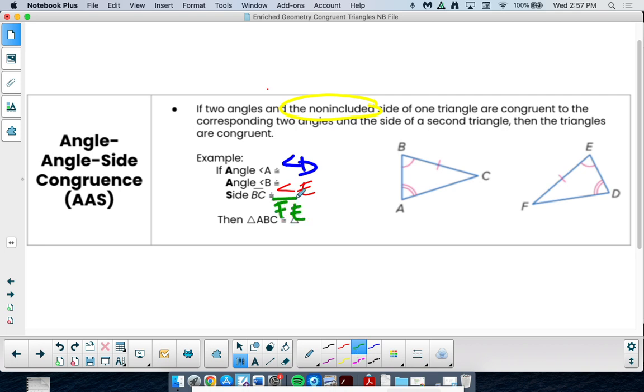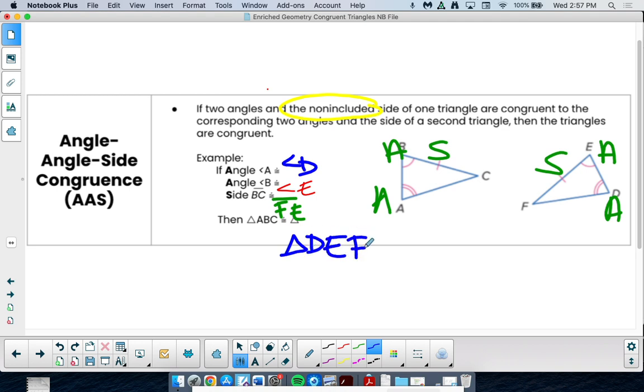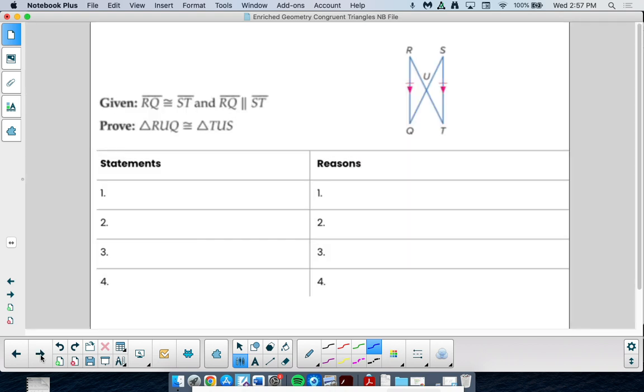Okay, so if you are having a situation like this where you have an angle marking, angle marking, and a side, you have angle, angle, side. So in this situation here, triangle ABC is congruent to triangle DEF. Angle, angle, side. Okay, let's try a few proofs with this idea, okay?